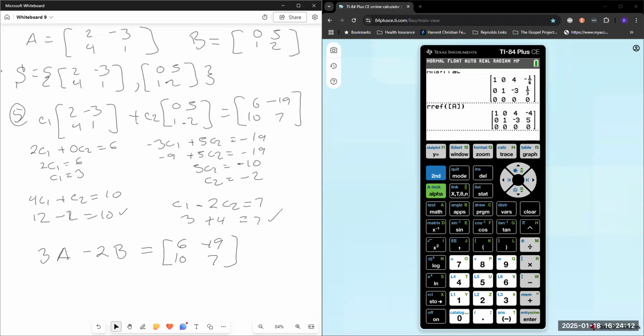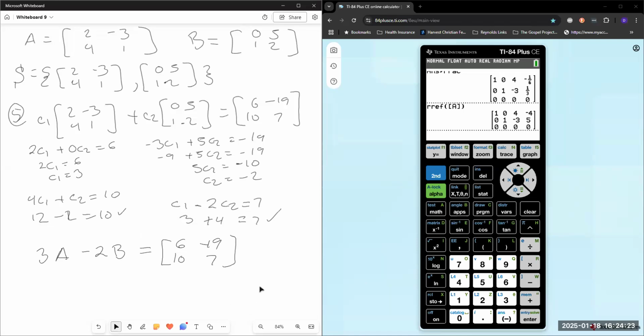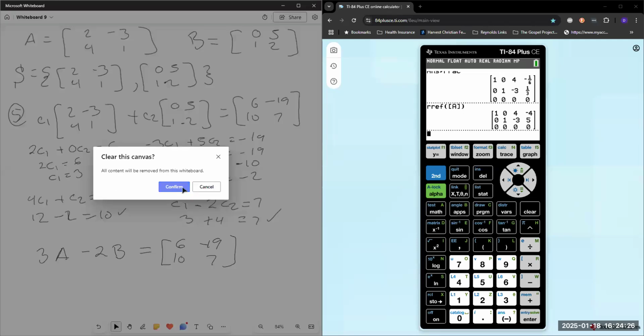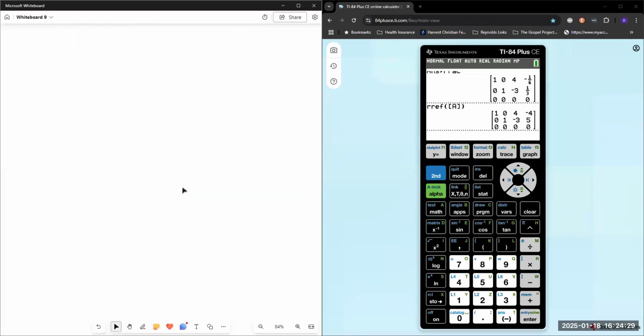And then on to number 9. It's not based off of these matrices anymore, so we'll just clear the canvas. That asks us about spanning sets, whether the set of vectors given here, S, spans R2 or does not span R2. So S equals the set of 2, 1, -1, 2.